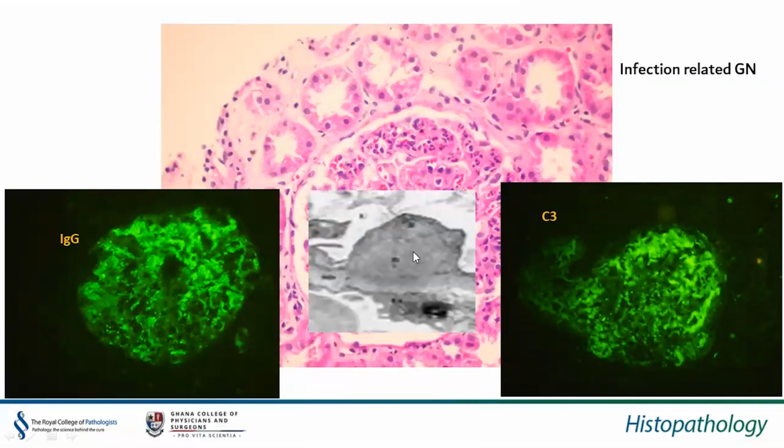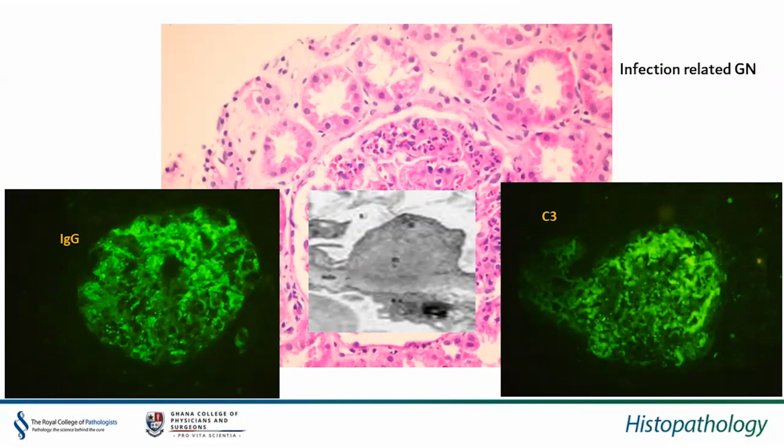And on electron microscopy, it shows the presence of humps. These humps don't really damage the basement membrane. They can resolve over a period of time. So in fact, infection-related glomerulonephritis is one of those situations where you really need not do a biopsy in order to make a diagnosis of the glomerular disease, because it has a characteristic clinical course, and then it starts resolving.